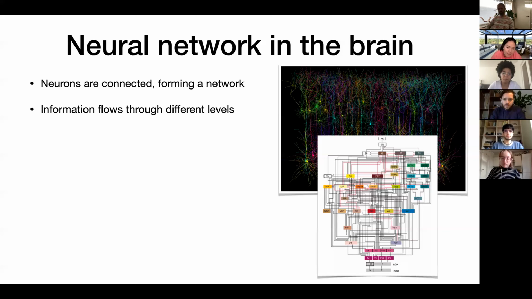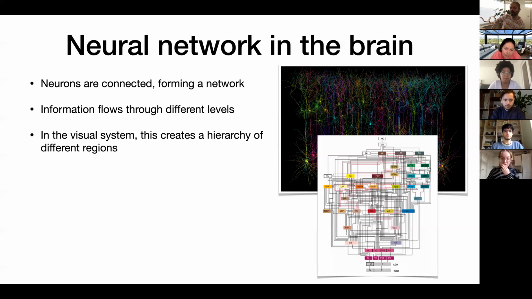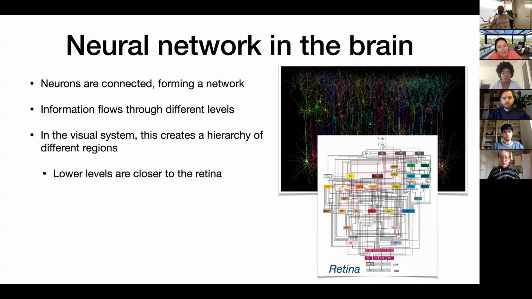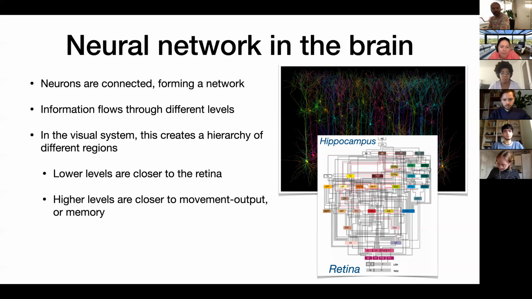And this is something that I want to really highlight here. We have this hierarchy of many, many different visual regions. And although it's true that the lower levels are closer, in this example case of the visual system, to the retina, and higher levels are closer to movement output or memory or planning, we have this low level and high level progression.